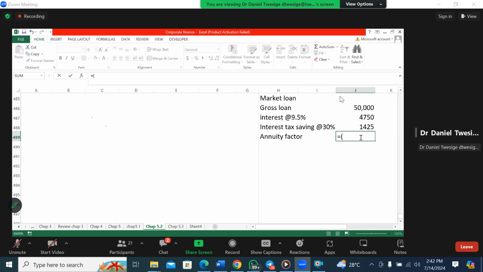So we are going to have the annuity factor 1 minus (1 plus 0.095) power minus 25, divided by 0.095.